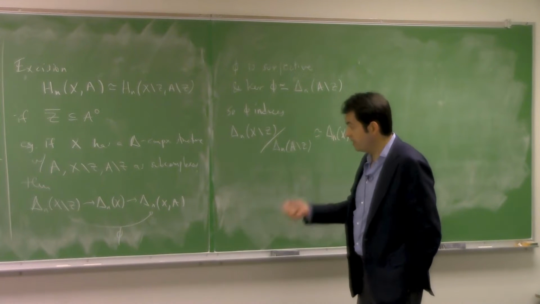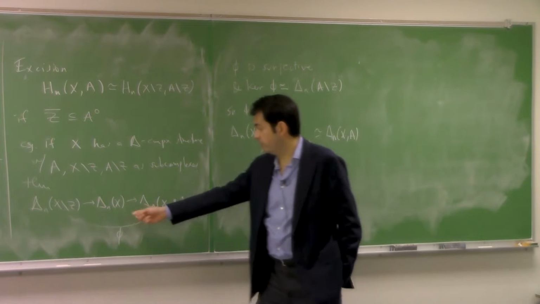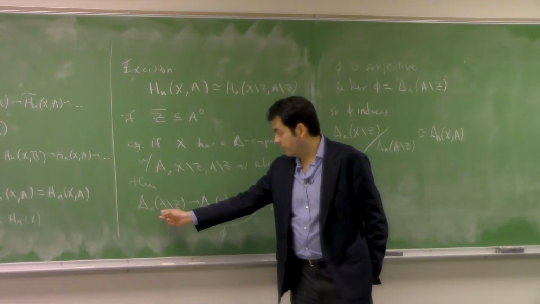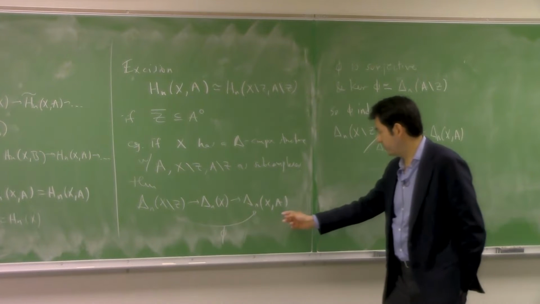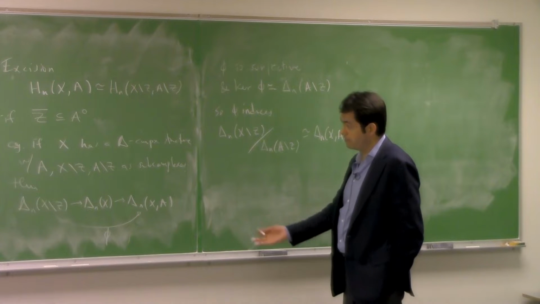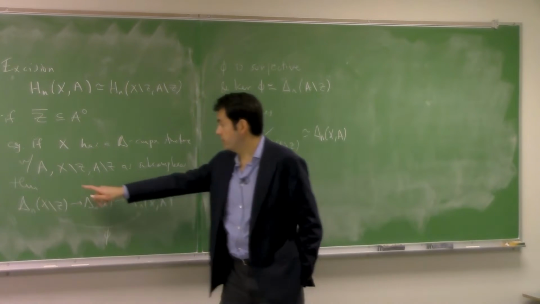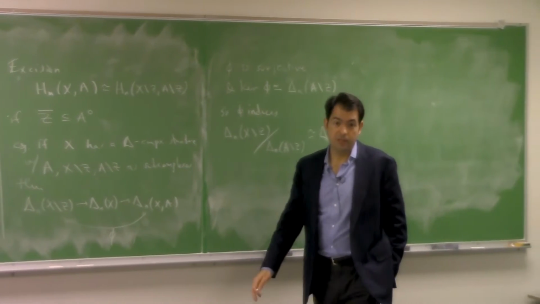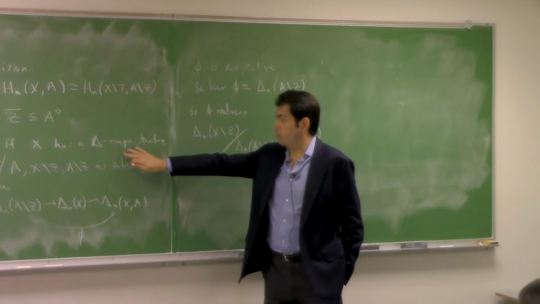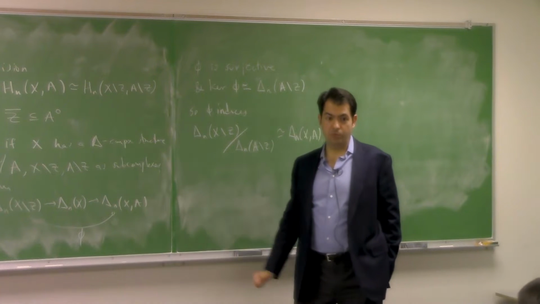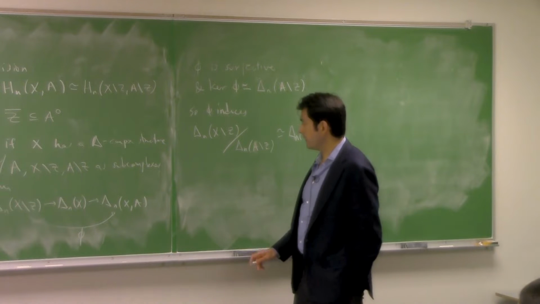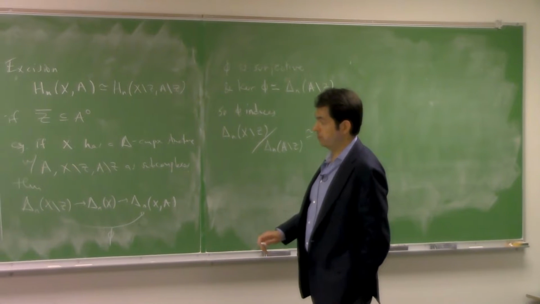If I give you a singular n simplex in X, you don't get to write it as something that lives in X minus Z and something that lives in A. You don't get to decompose it into pieces like this automatically. Whereas in this case, we're just saying, well, if you can, then here's the proof. Okay? So what we want to do in general is make this proof work.